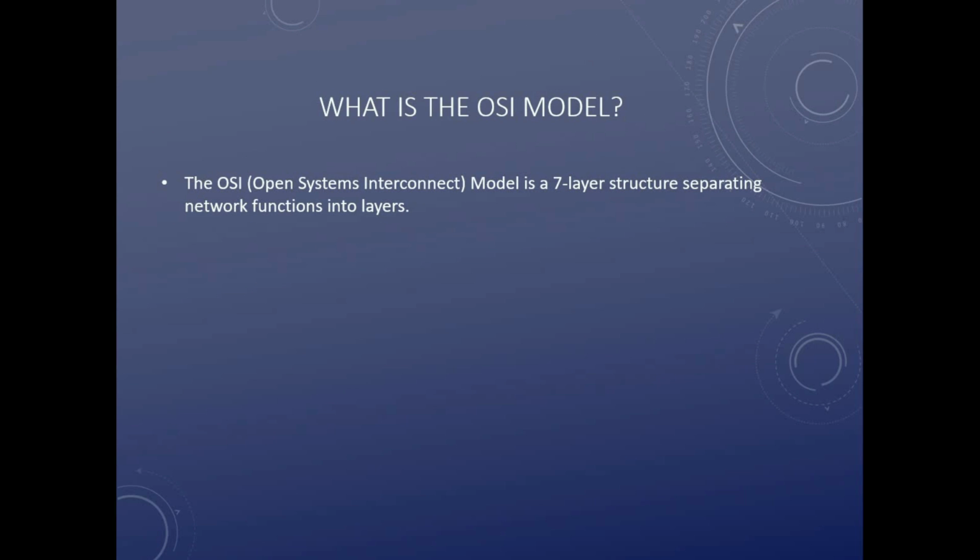It stands for Open System Interconnect. It's a 7-layer structure that helps us see what is broken down when you transmit data from one node to another node. It separates all network functions into layers, and each layer does specific things.